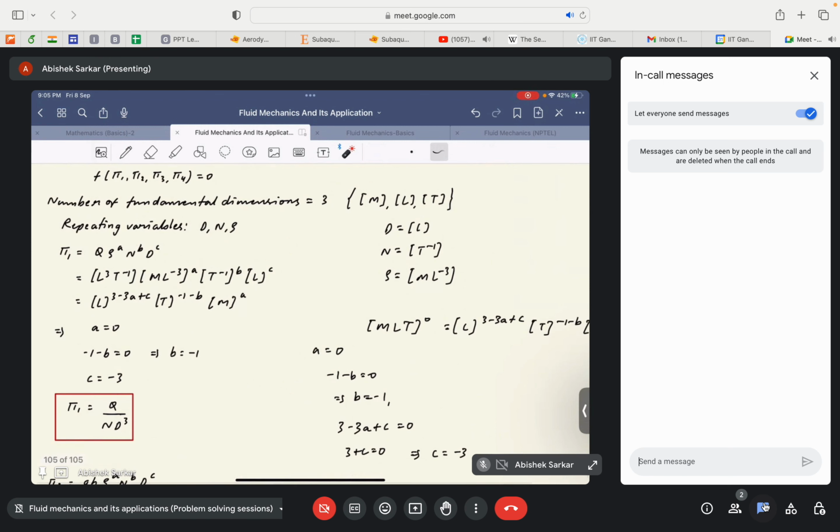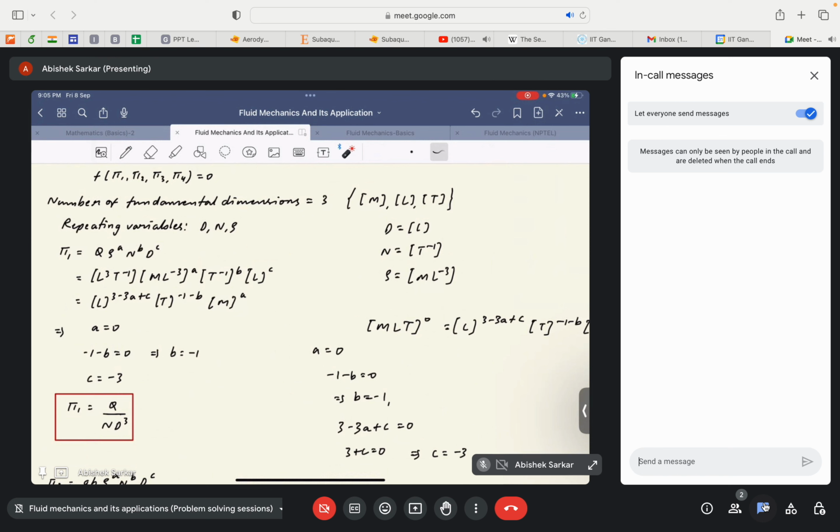Then there's again a concept of repeating variables. There are certain rules for choosing the repeating variables, so ideally you should look in your lectures or any standard fluid mechanics book for which repeating parameters to choose for determining these non-dimensional numbers.